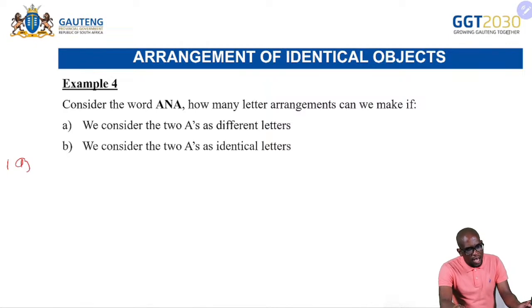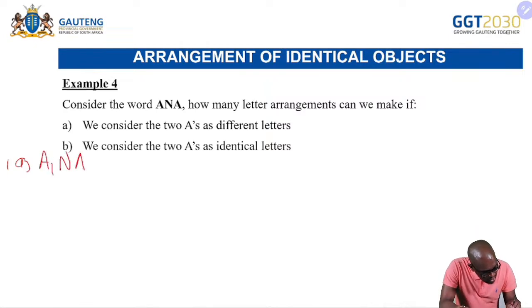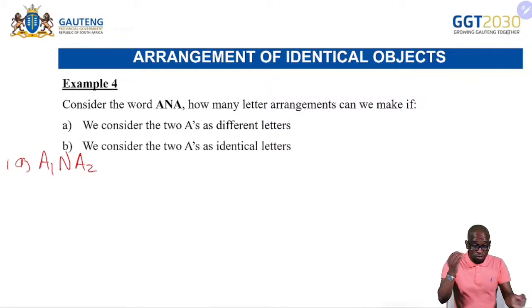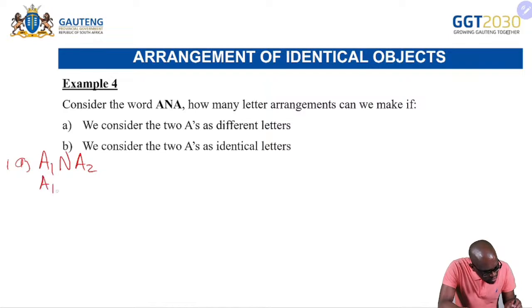If the A's are different letters, then it means we have A1 and A2. So I want us to try and rearrange these letters and see how many possible arrangements we can have. We started with A1, and then N, then A2. Then we can still start with A1 and then A2 and N. We just interchange the positions of A2 and N. Or we can start with N and have A1 and A2.